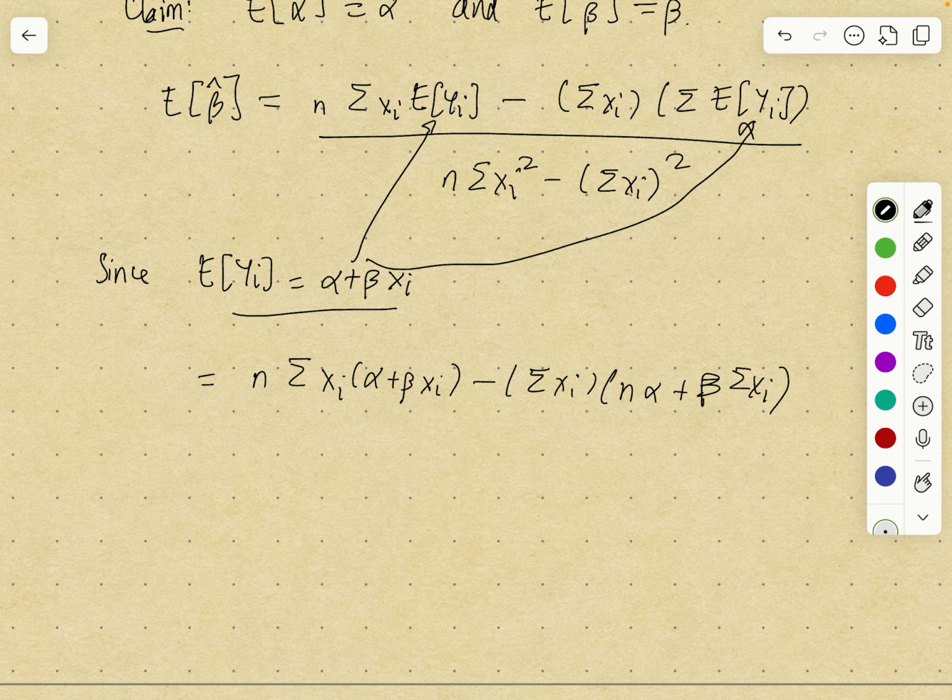Because you're summing alpha n times, and then you have beta times x1 plus beta times x2 all the way to beta times xn, so it's just beta times the sum of the xi's. And the denominator stays the same.